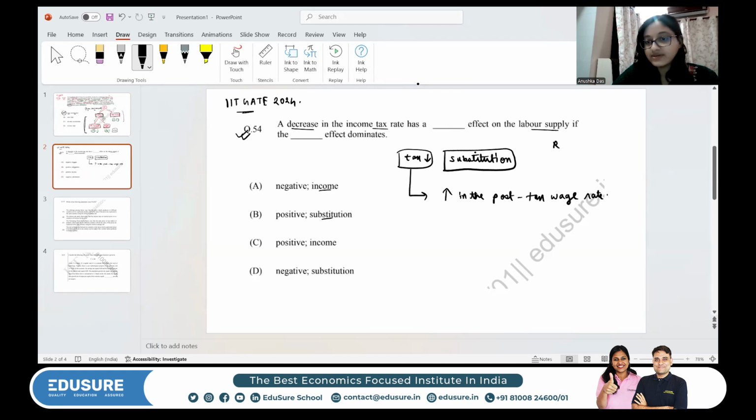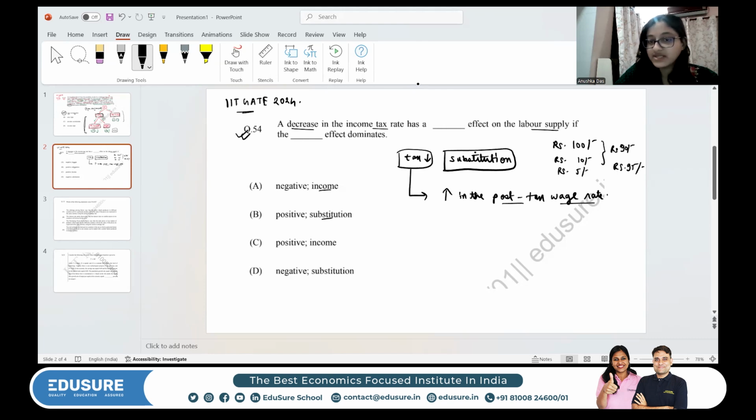Suppose previously you were earning 100 rupees and you are paying 10 rupees as tax. So your in hand was 90 rupees. Now this tax rate falls. Suppose now you have to pay only 5 rupees tax. So your in hand increases, so your post-tax wage rate rises. Post-tax wage rate means the in hand salary that you are earning will increase due to the reduction in the income tax.